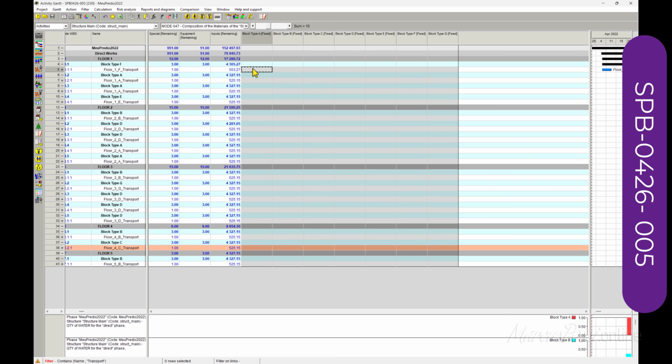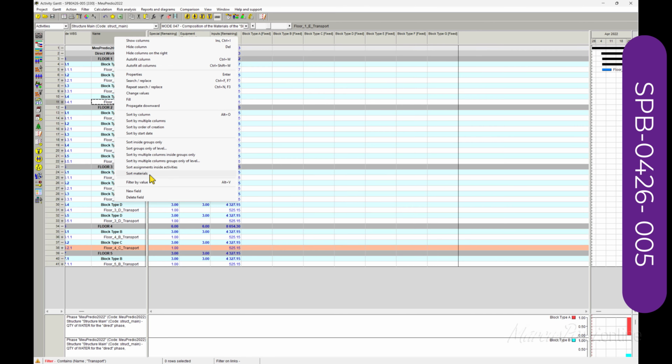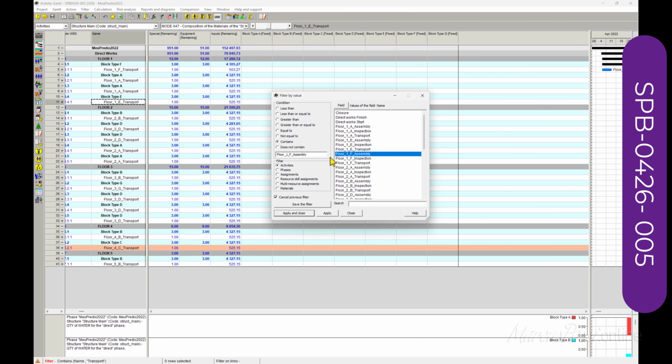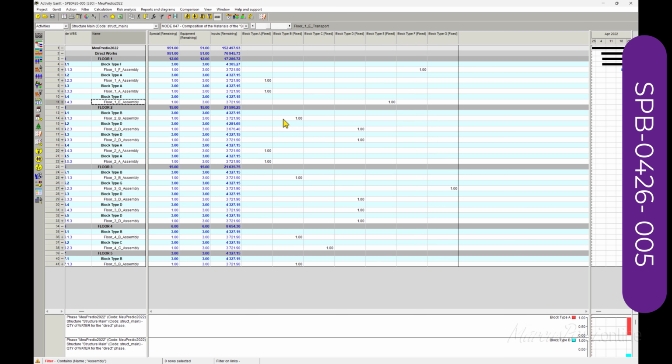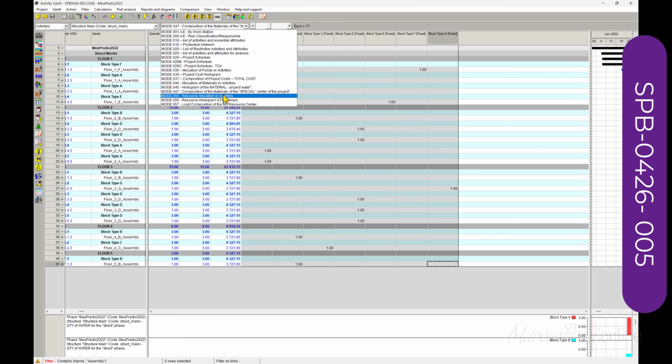The block will be bought for, I think, just for assembly activities. Okay, again, filter, assembly. We are assembling blocks. So the blocks will be assigned just to these activities. Assembly activities. You will have to calculate everything again. 47.